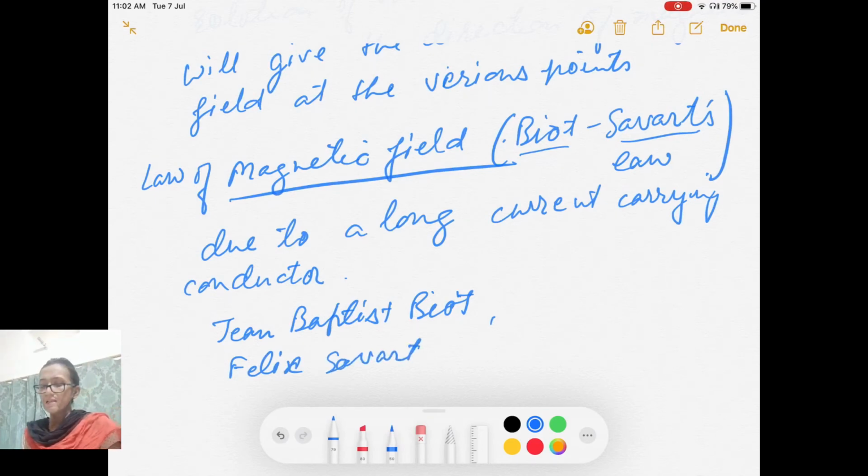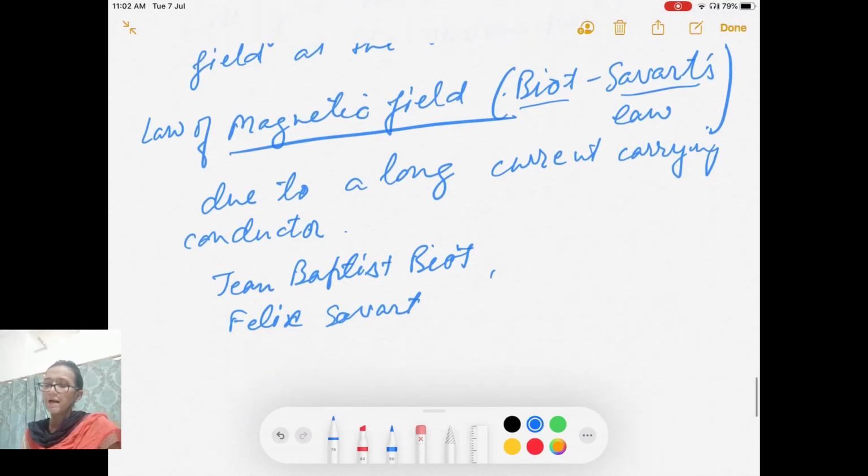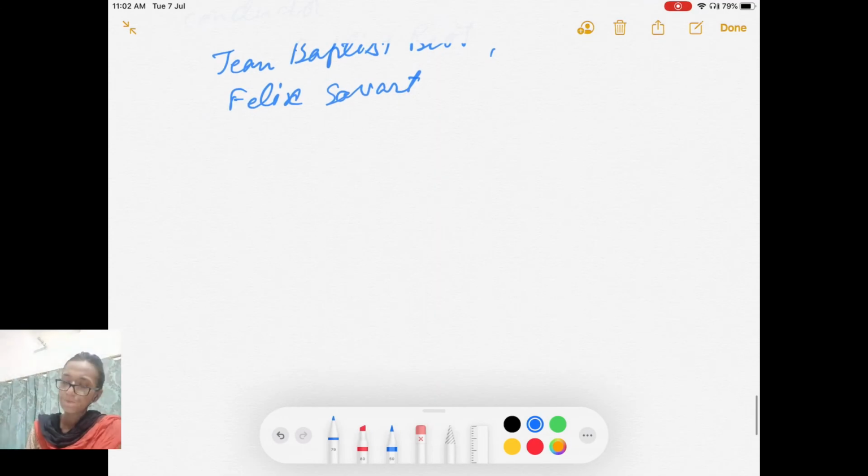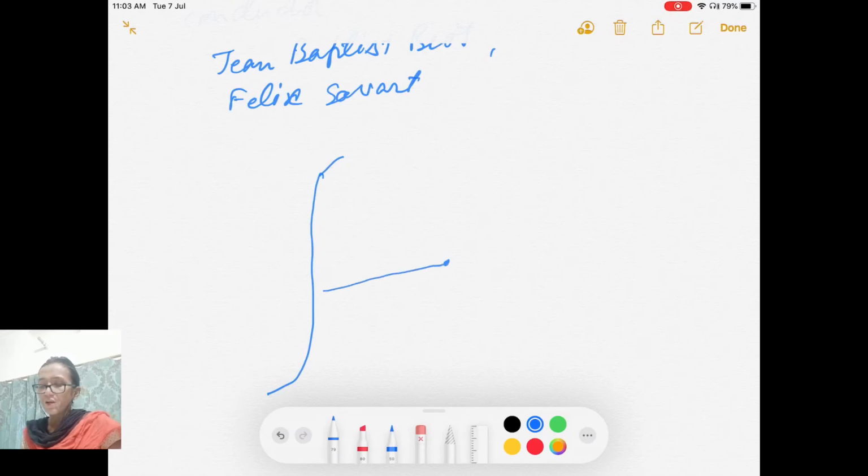These two formulated a law regarding the magnetic field of a long current carrying conductor. Here you have a long current carrying conductor, and the field at any point at a certain distance will be due to the contribution of different length elements. The wire can be divided into different length elements, and you can select any one length element.